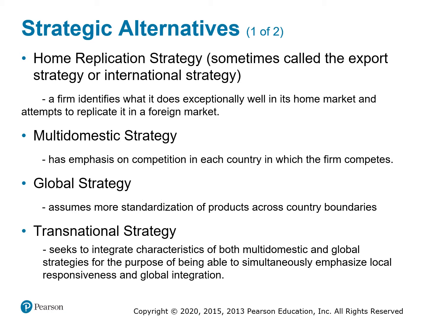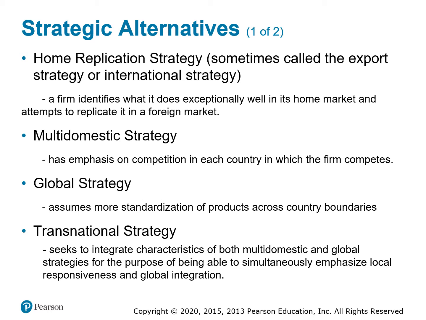In the home replication strategy, a firm identifies what it does exceptionally well in its home market and attempts to replicate it in a foreign market. The firm emphasizes replicating home country-based competencies in foreign countries. A firm conducts business the same way anywhere in the world where it has a marketplace.